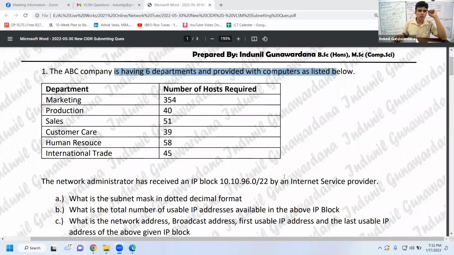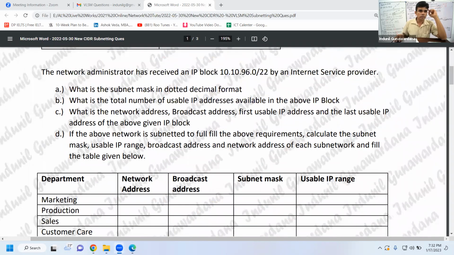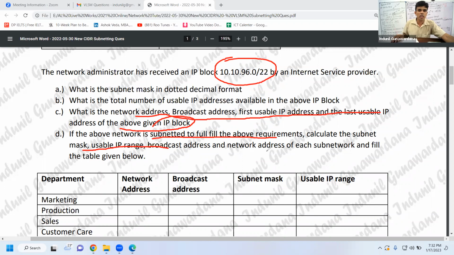And the next question asks, what is the network address, broadcast address, first IP, and last IP of the above IP block? So of this block, what is the first and last? If the above is subnetted to fulfill the above requirements, calculate the subnet mask, usable IPs, and broadcast and network address of each subnetwork and fill the table given below.